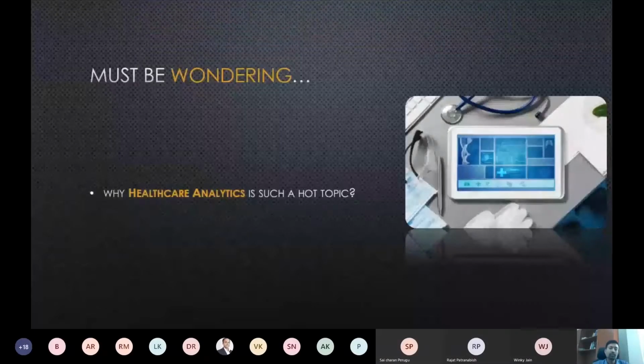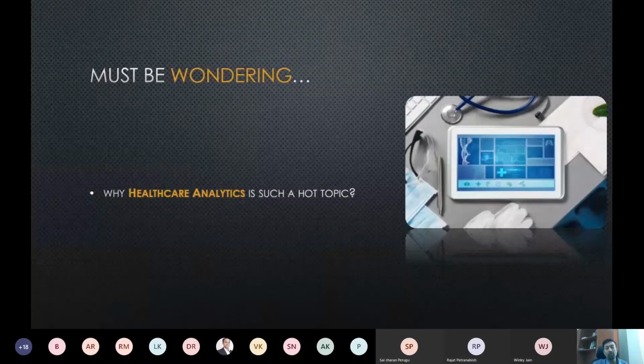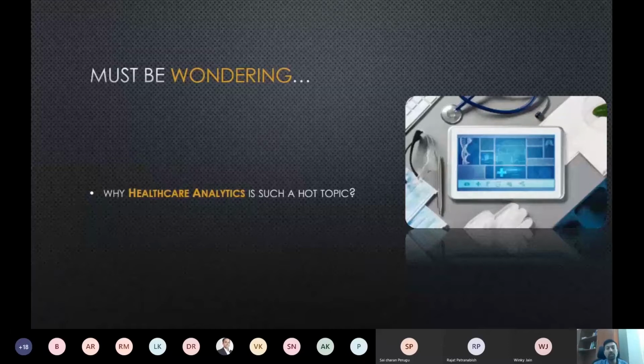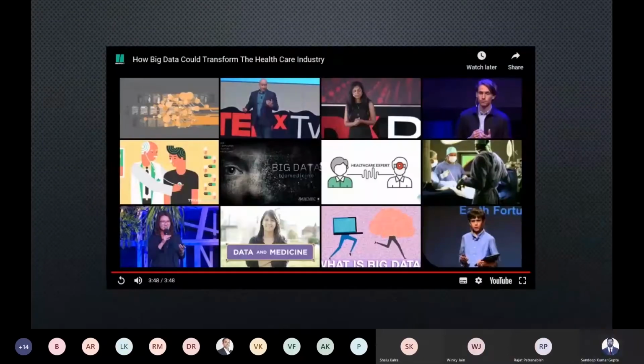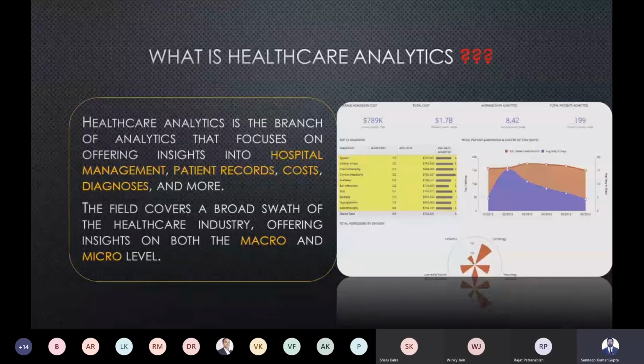But before that, I think it's important to understand why this is really a hot topic of the day, right? Why are we using analytics in healthcare? What is this potential? Whether it can be a lifeline for this particular industry. So let's move to the next slide. What is healthcare analytics all about, how do we define it? Healthcare analytics is a branch of analytics that focuses on offering insights into hospital management.